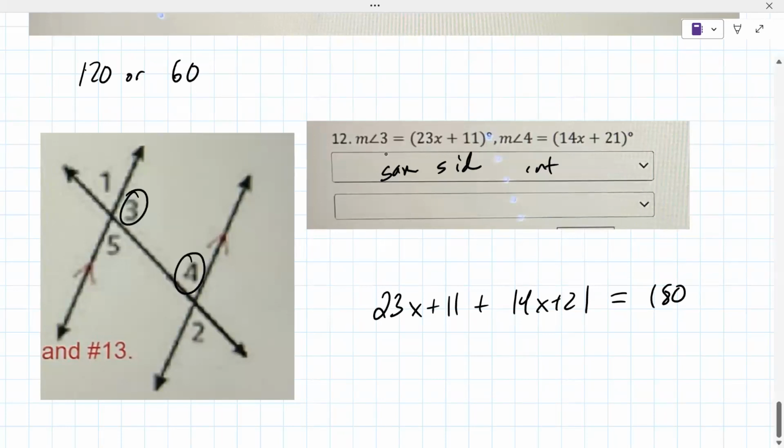Is there one that says they add to 180? The next one is answers. Or it's how you solve, which is to add them together. Okay. All right. So you've got that. Try solving this for us, please.